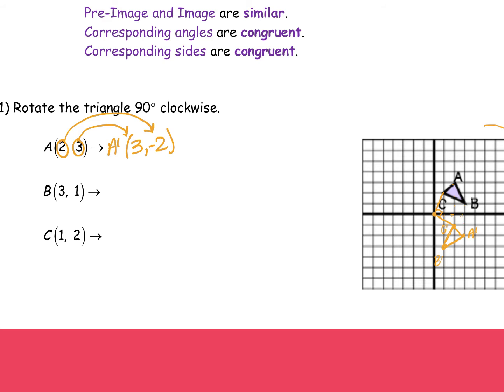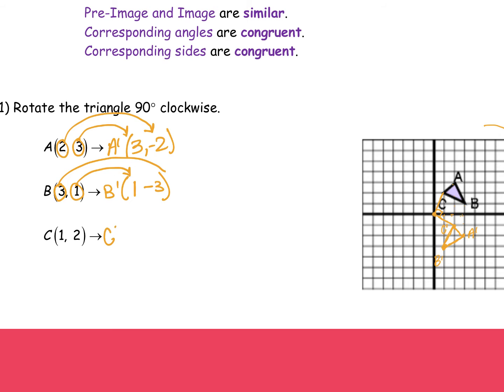Does that make sense? Let's see if it happens on the other one. B prime: my y becomes my x, which is 1, and my x becomes negative, so that should be -3. Is that the location of B prime? +1, -3. It is.